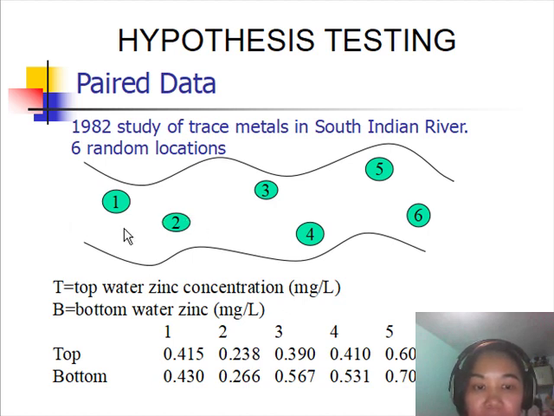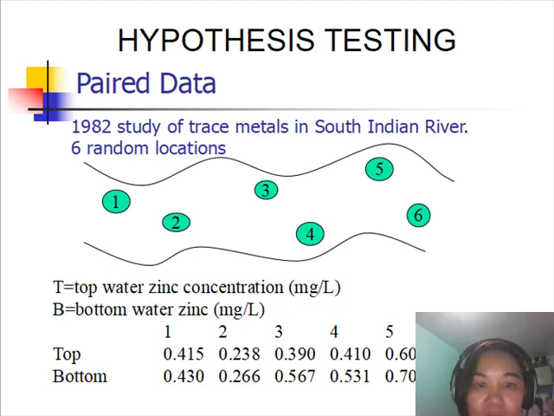Okay, so what makes it paired? Because for every location, the water zinc concentration is determined. So we try to test whether the zinc concentration on top of the river is the same as the zinc concentration at the bottom of the river.